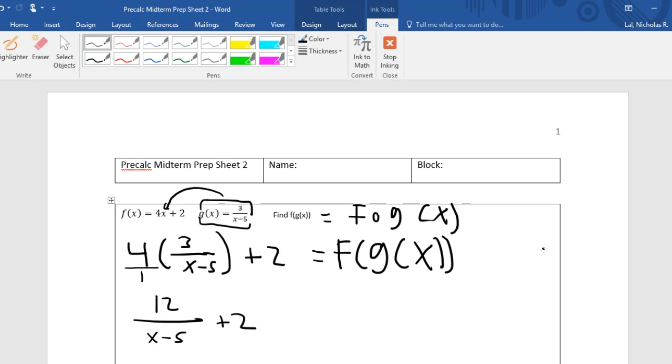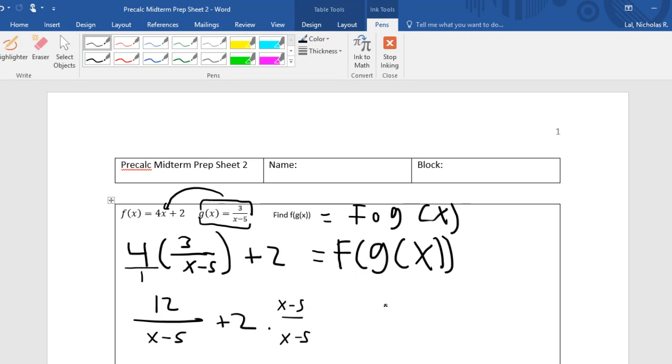Oh, that's the answer? This is the solution. If you wanted to simplify this further, you could multiply 2 by x minus 5 over x minus 5.